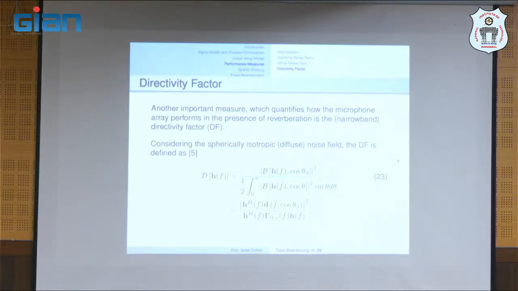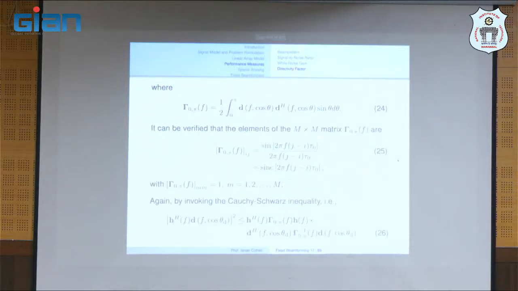And actually for diffuse noise, the elements of this M by M matrix look like a sinc function. When you take a sensor array and you have diffuse noise, the correlation between sensors depends on the wavelength, which is given by the frequency f and the speed of propagation, and actually on the ratio of the distance between the sensors relative to the wavelength, which is very nice.